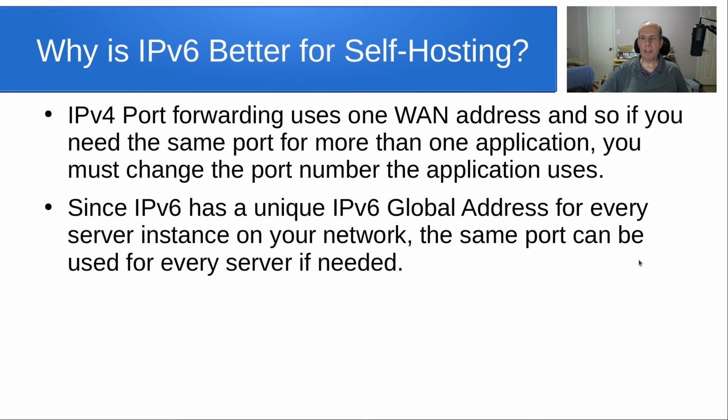And since IPv6 has a unique global address for every single server instance, every system on your network, the same port can be used for every server if needed, because they're all unique servers. It's like having an unlimited number of wide area network devices, which is exactly what it is.